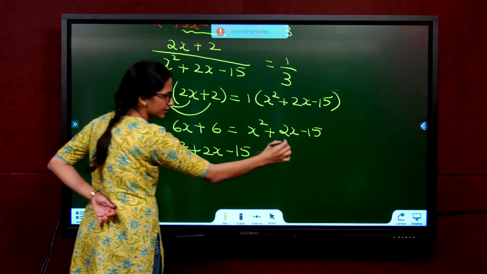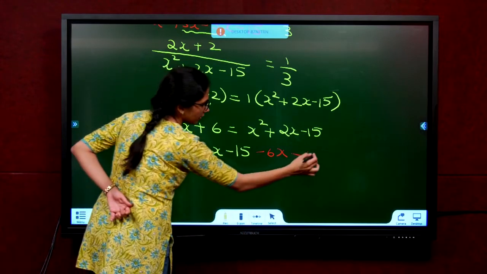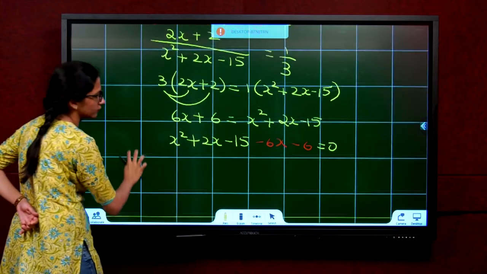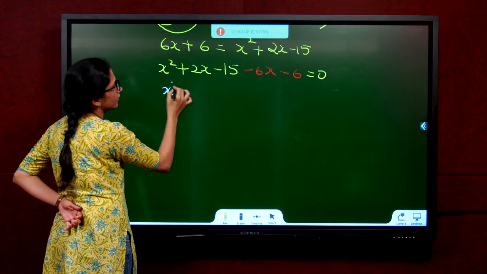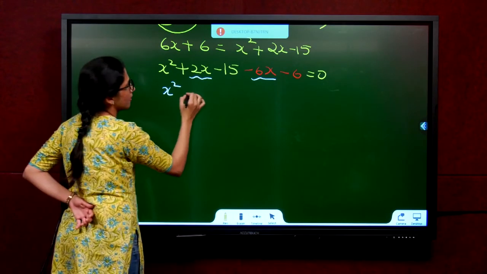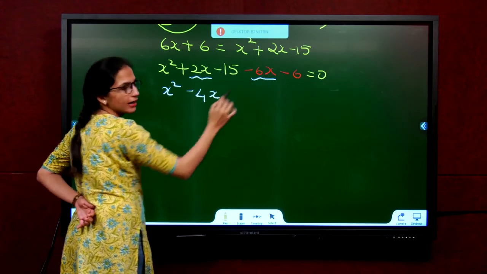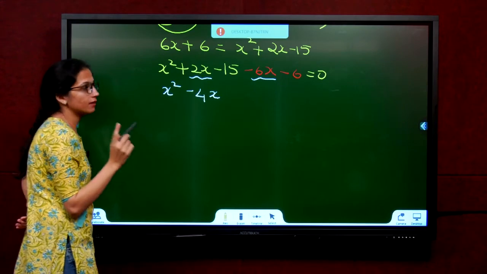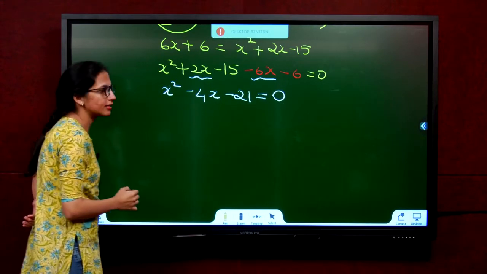Shift plus 6 that side, it will become minus 6 is equal to 0. Moving forward, x square 2x minus 6x, minus 4x, plus minus 15 minus 6, minus 21 equals 0.